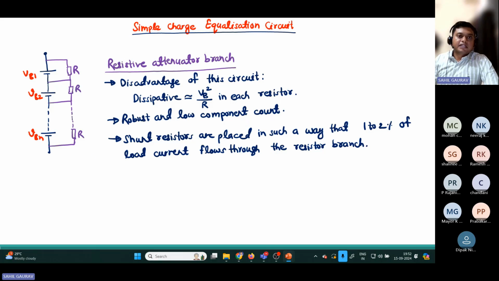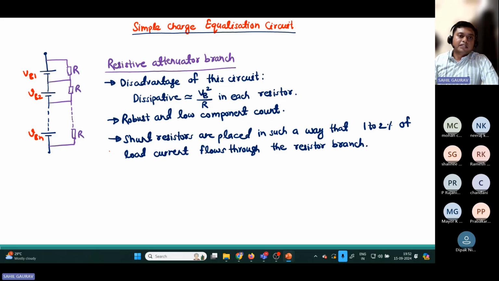What is the disadvantage of this circuit? It is quite dissipative in nature and has large power loss, and this power loss is equal to V squared upon R in each resistor. But the advantage is that it is quite robust and has a low component count.